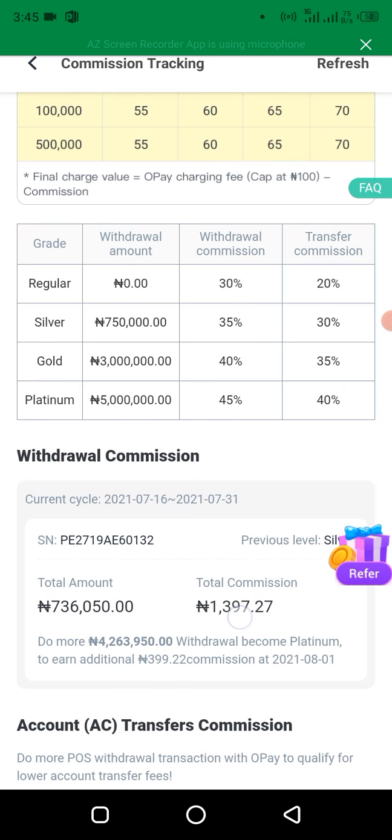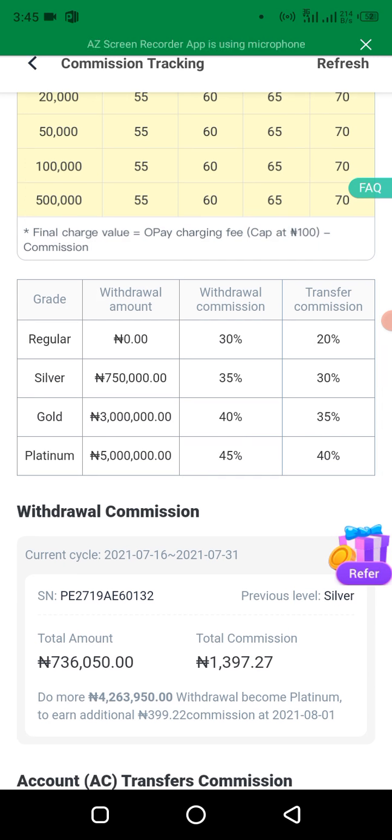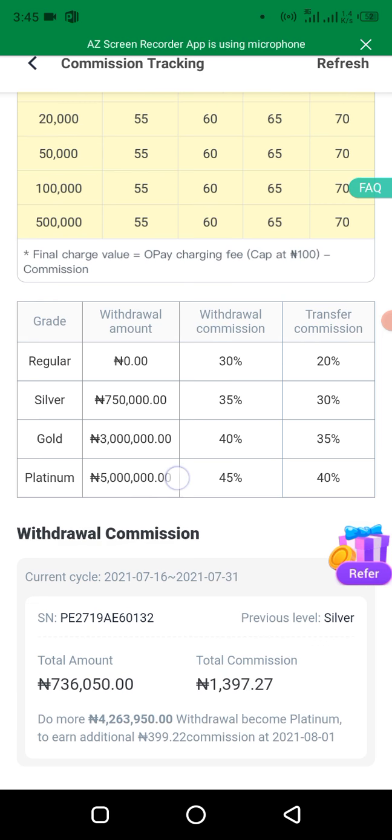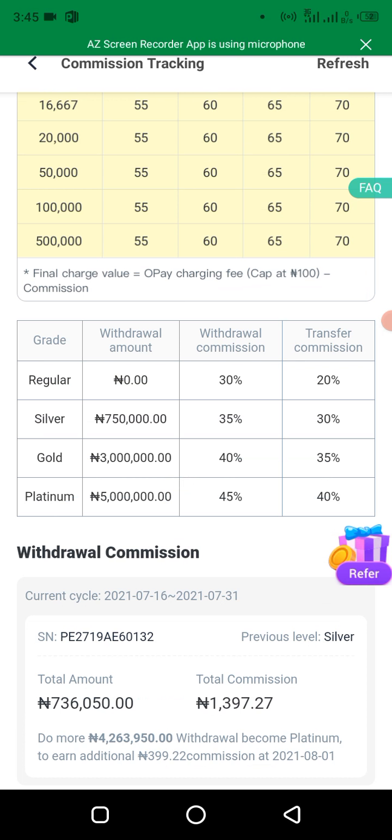You see the bonus. As I've said earlier, you can see regular merchant, Opay will give you 30% of the withdrawal amount. So they will give you 30% back. Then for silver merchants, they will give you 35% of the charges. That's what we are talking about, 35% of the charges.